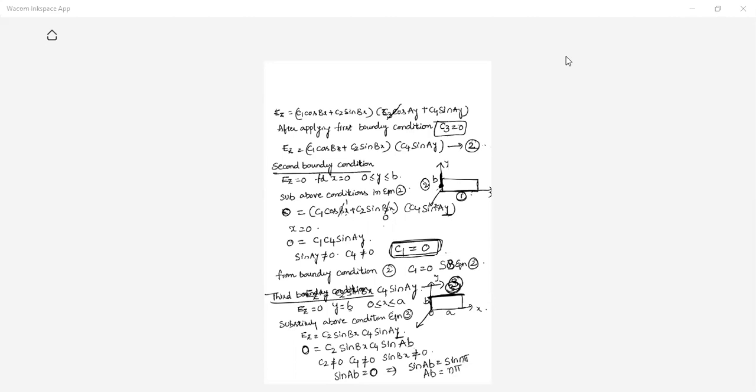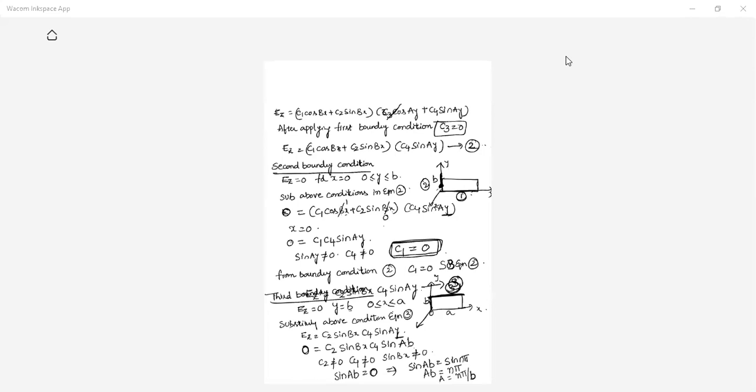I need A. What is A? We have written everything in terms of A square plus B square. We want the A value, capital A. Capital A can be written as n pi by B. Understood?